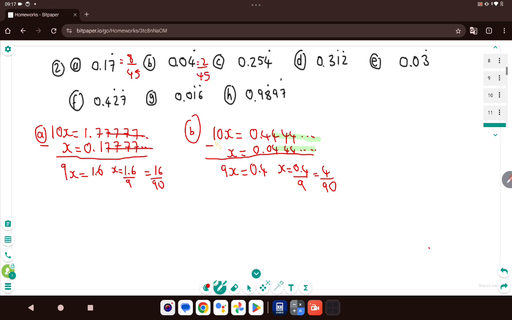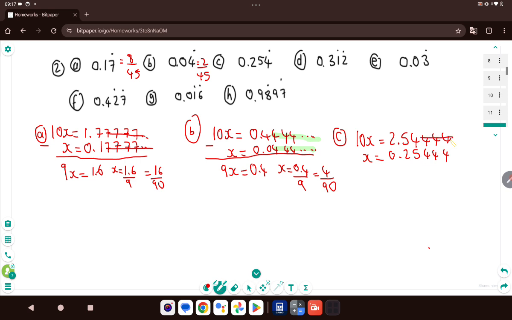Part C. Again, single digit recurring, 10x. Multiply it by 10, it becomes 2.54. Right.